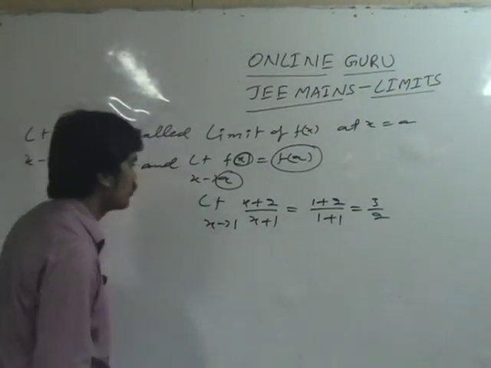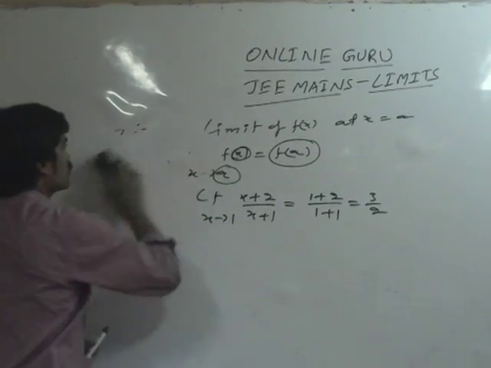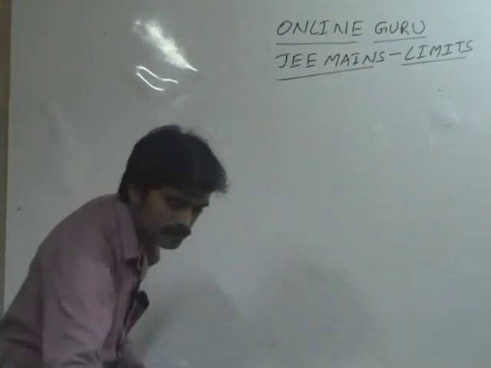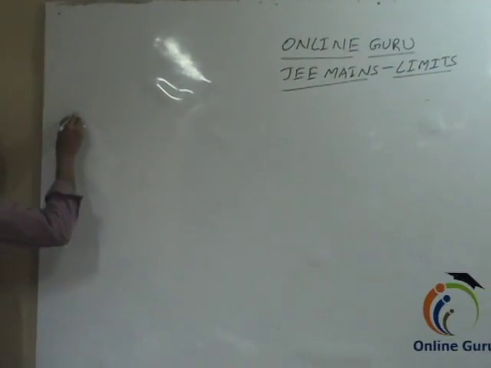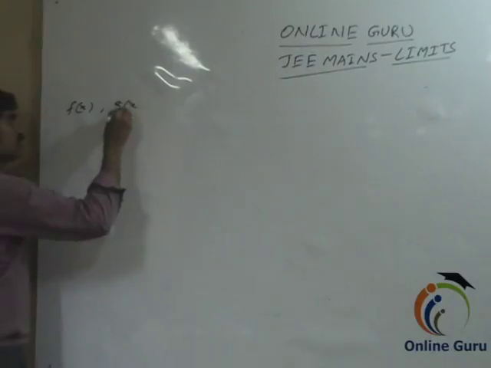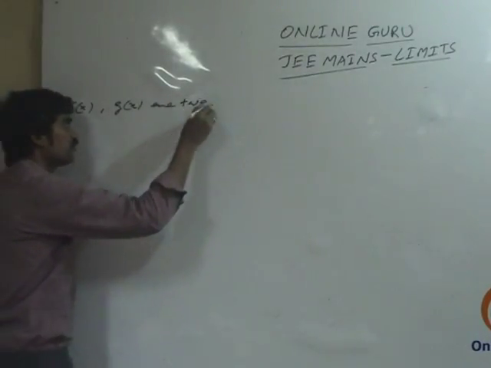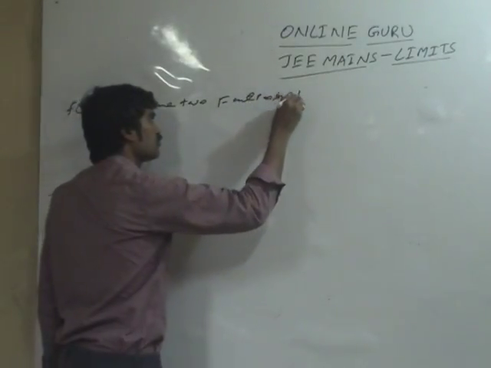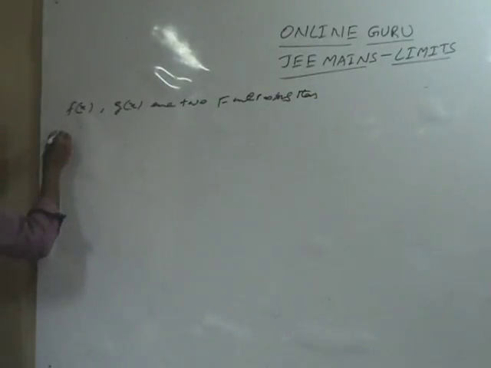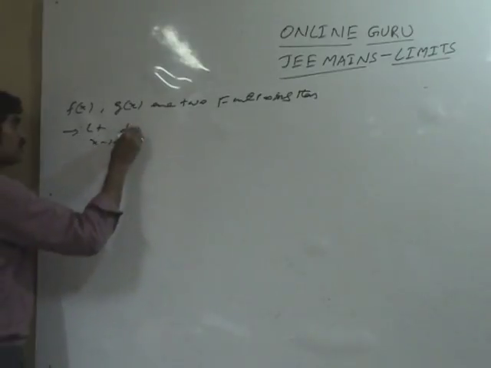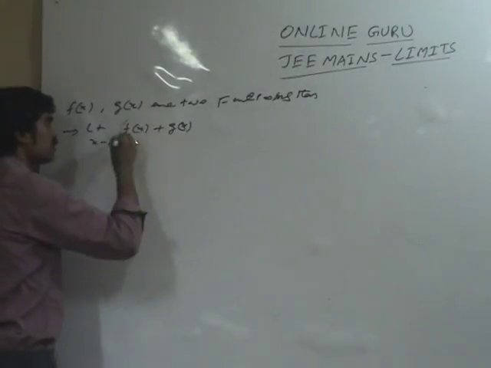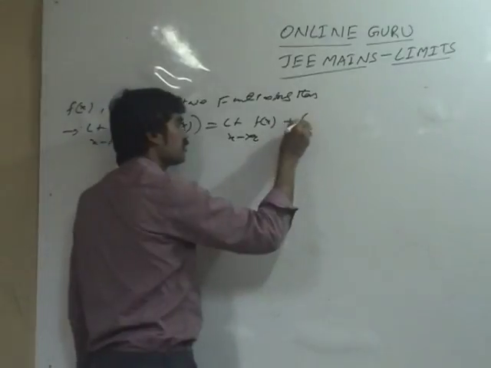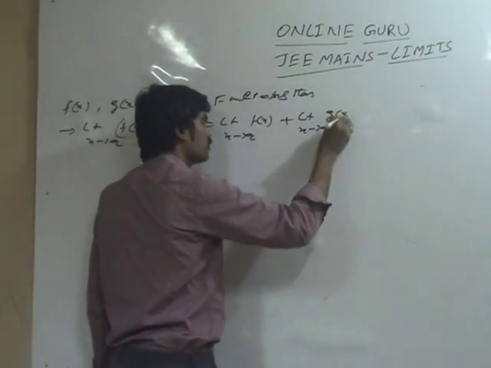We will write some basic formulas. If f of x, g of x are two functions, then limit x tends to a f of x plus g of x equals limit x tends to a f of x plus limit x tends to a g of x.